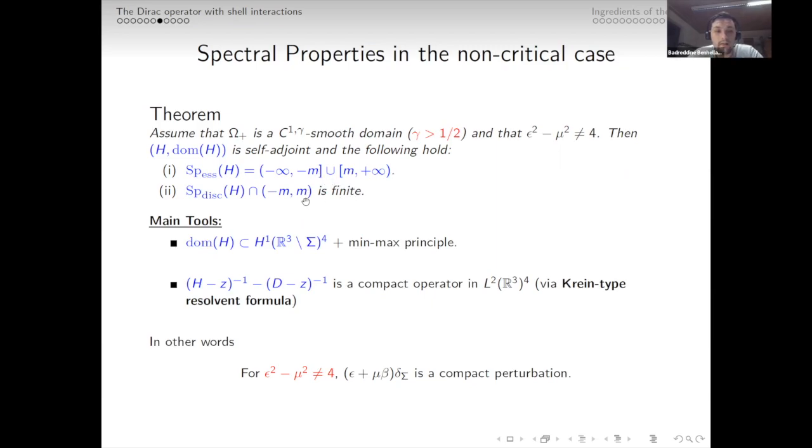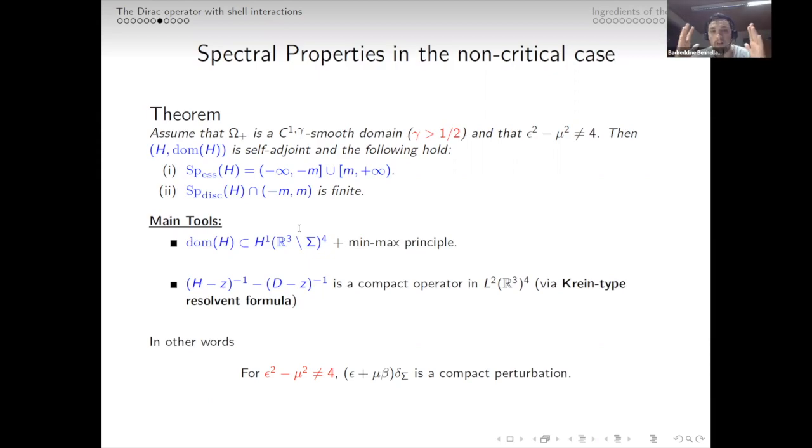And the second point, to prove that the spectrum is finite inside the gap, follows because of this Sobolev regularity. So we have H1 Sobolev regularity, and whenever you have Sobolev regularity, under at least a Lipschitz condition on the surface, we can always show that inside the gap the spectrum is finite.